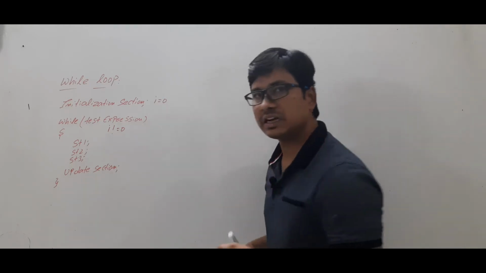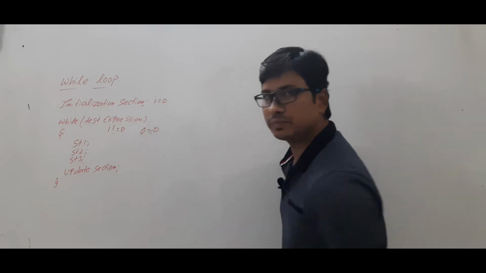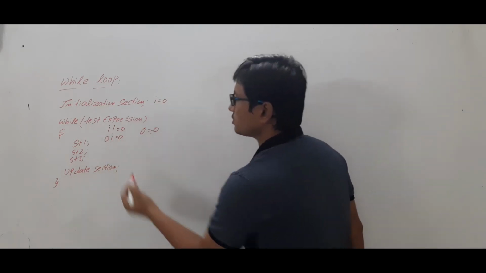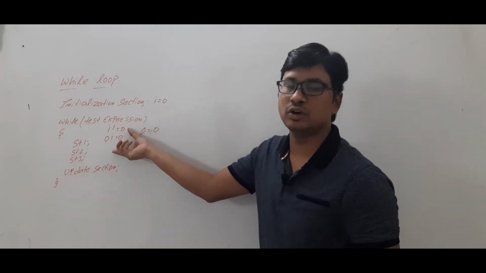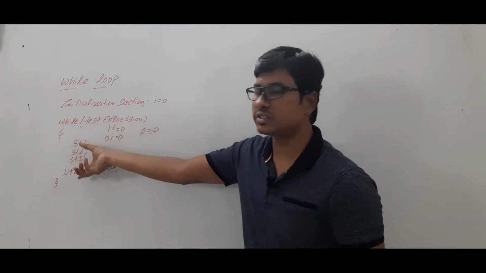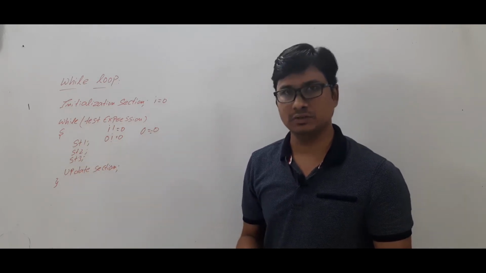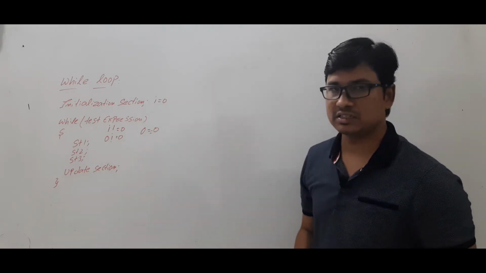Will this condition be satisfied? No, 0 is equal to 0. But here they have written 0 not equal to 0. So the test condition is not satisfied, so the statements in the while loop will not be executed even once. Am I right or wrong? So this is about the syntax of the while loop.